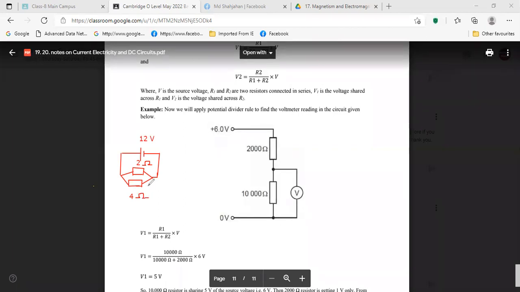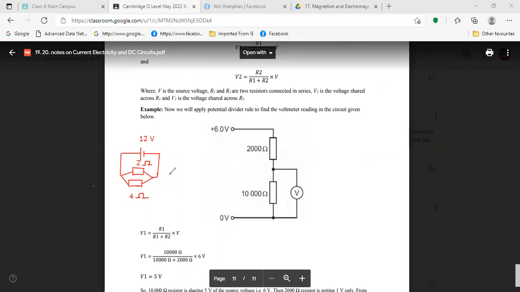Now what is the total resistance of the circuit? You know the formula for parallel, right? Yes, sir.